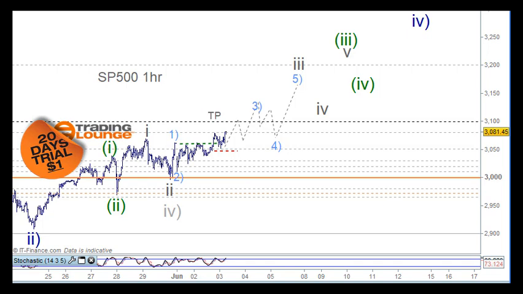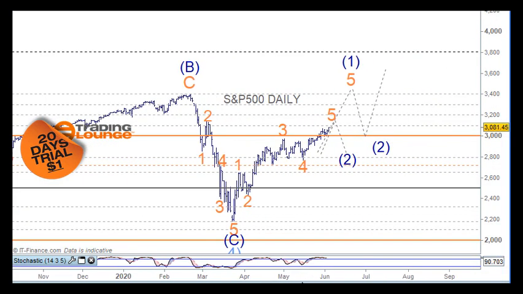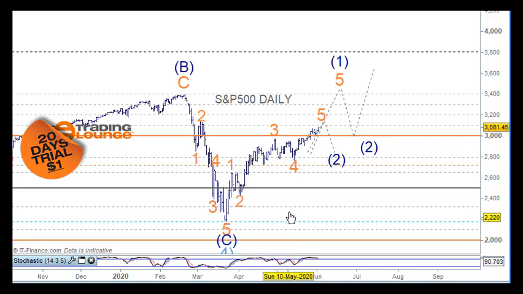Alrighty, so just to recap all of this, we'll go back to the daily chart here. With the daily chart, as you know, we're looking for 2 counts, wave 4 to wave 5 here. That will probably end on the 6th of June, and then we'll see this sharp pullback. We'll probably see the Fed supporting at these levels here with money for wave 2, and then we'll move up from that point.